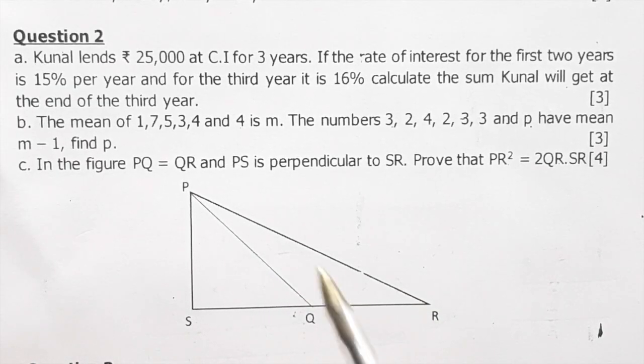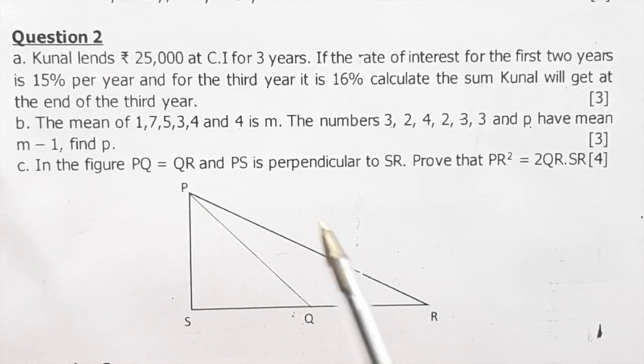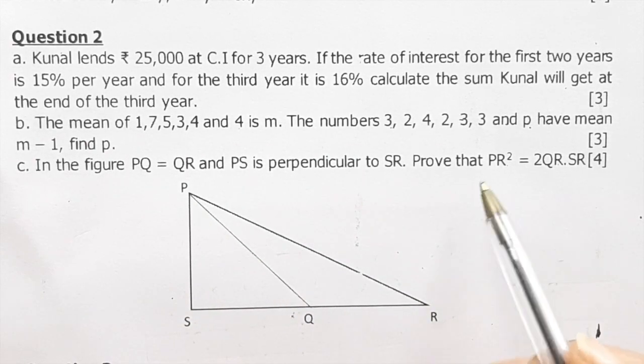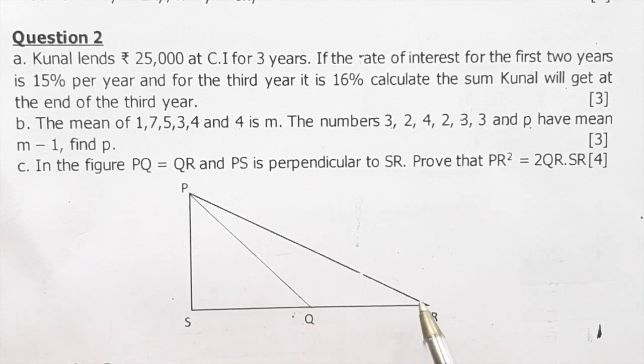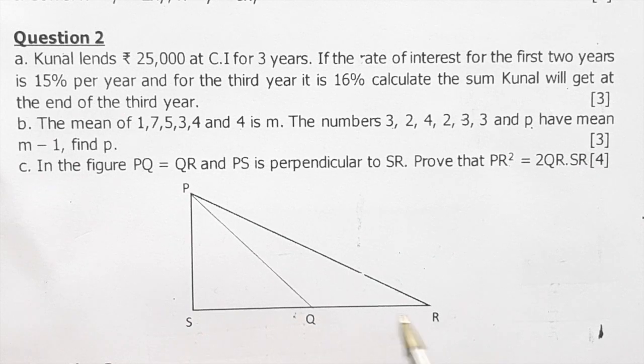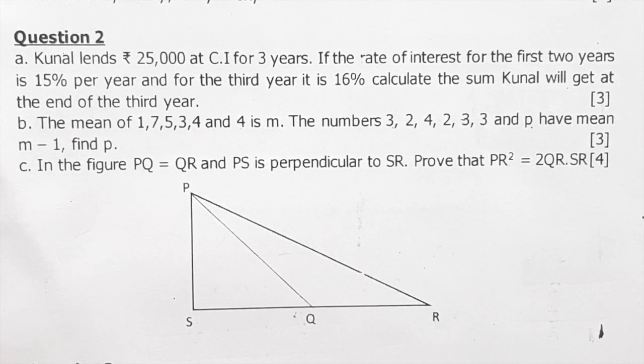Question number 2c. In the figure, PQ is equal to QR. So we have PQ equal to QR and PS is perpendicular to SR. Prove that PR square is equal to 2QR into SR. Whenever we have a proof question like this, first thing you have to do is draw the diagram and write the data.